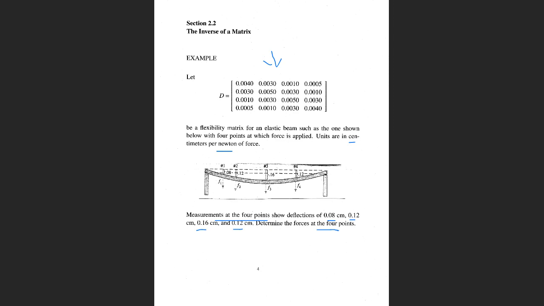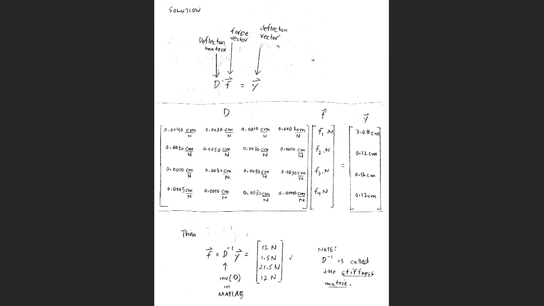Well, so really this problem, using the units, is helpful in understanding how to solve the problem. Because I'm going to go to the next page. And what I've done is I've written out the matrix D here.